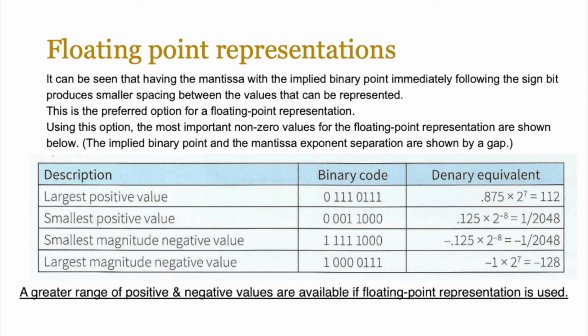So for the mantissa, you will always end up with a half, a quarter, an eighth, 1/16, 1/32. And for the exponent, you would always go with 1, 2, 4, and the last one is going to be a negative number.